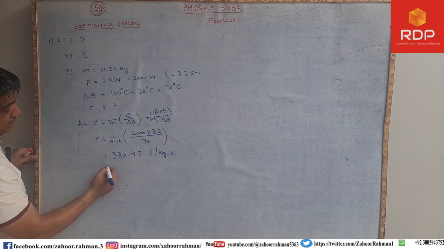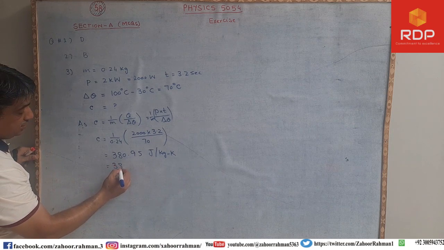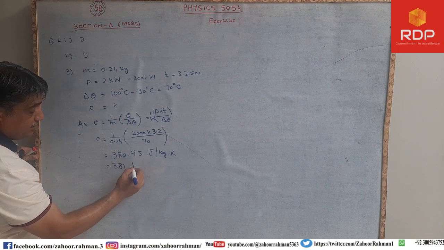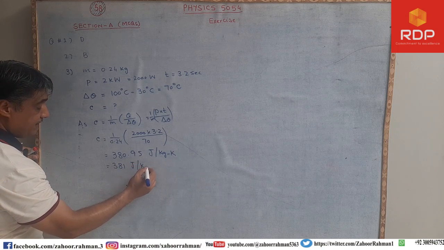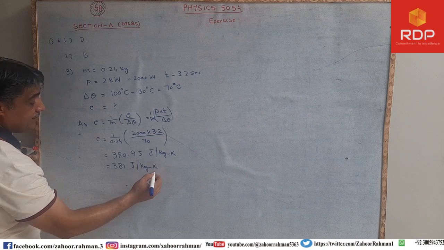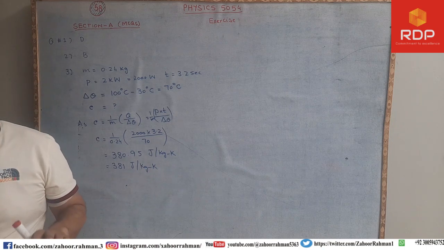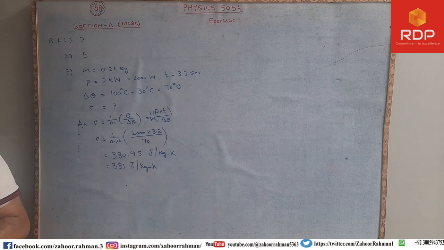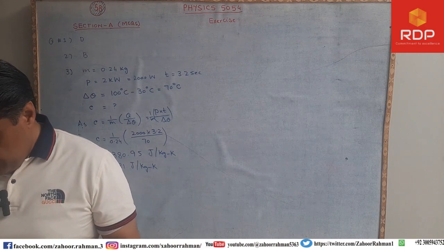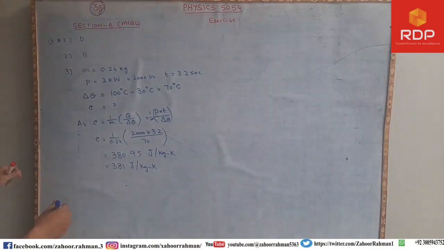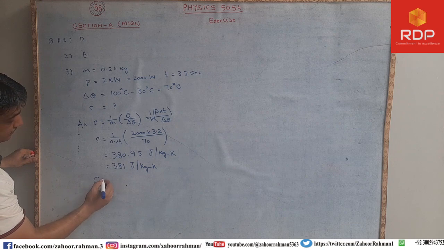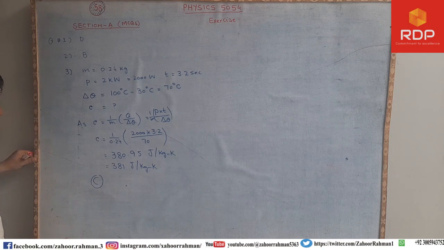So it is nearly equal to 381 joule per kilogram per Kelvin. And in this case, option number C is correct.